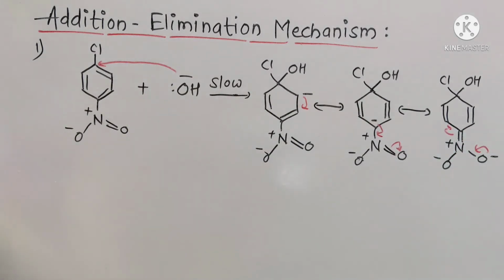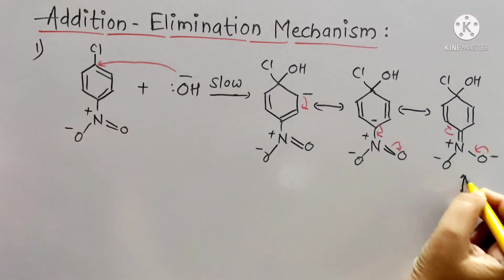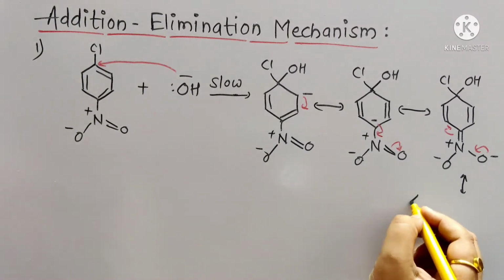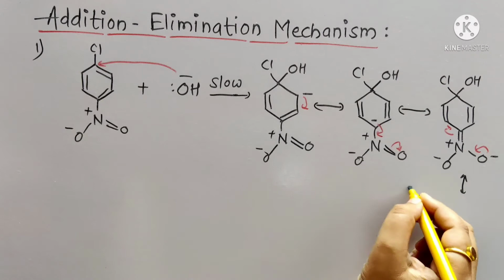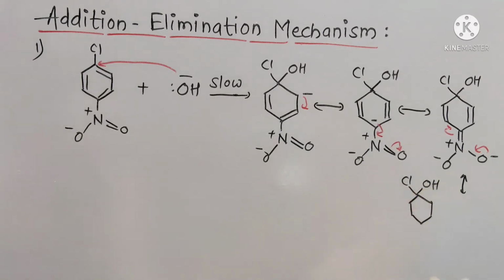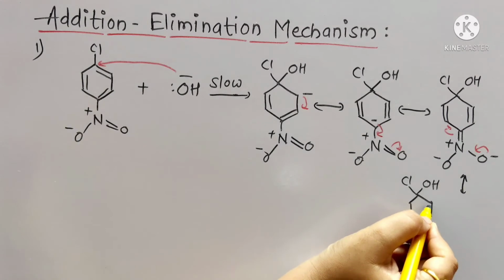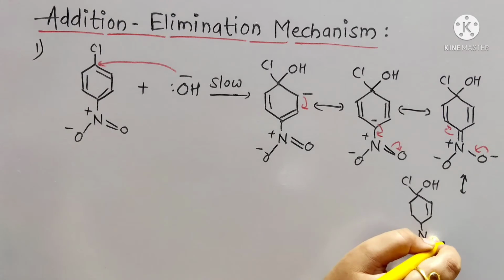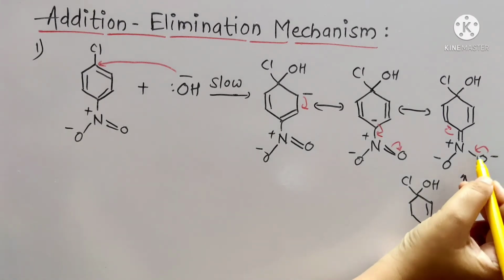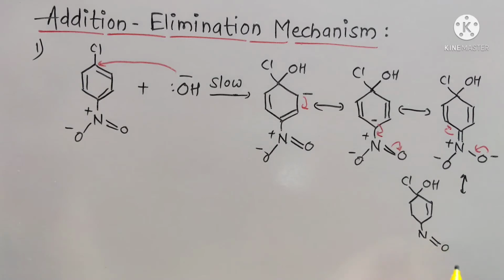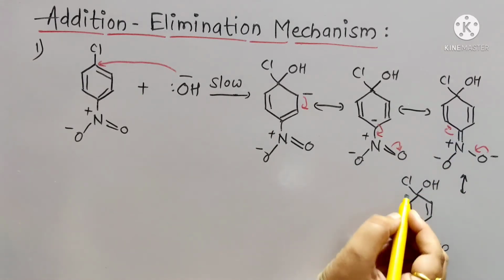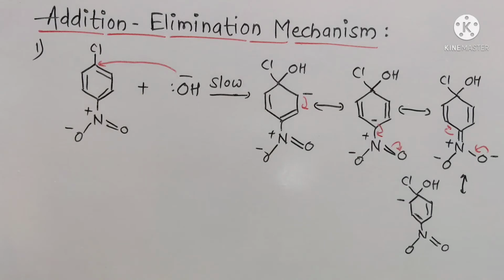Now see the next resonating structure. It will be ClOH as it is. Next, this double bond as it is, now a double bond will be formed here, and the double bond from this position will break and shift to this position, and here we can mention the electron density.